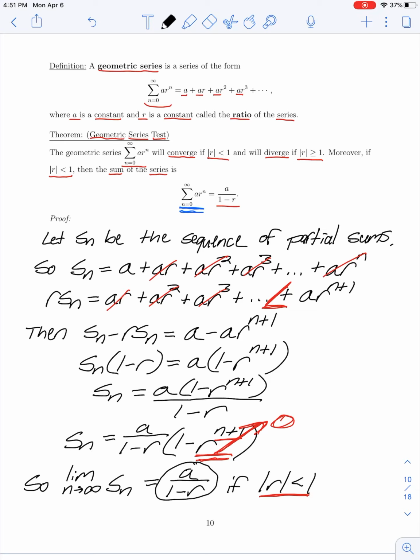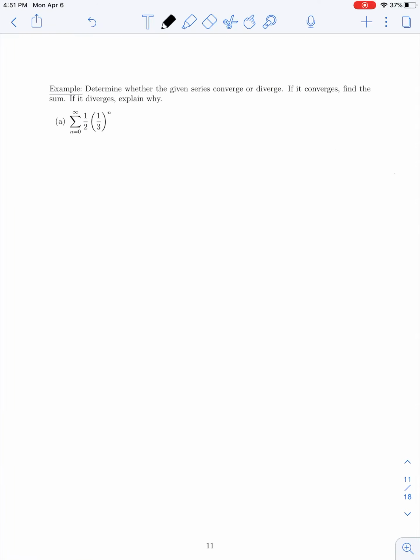All right. So let's look at some examples determining the convergence or divergence of a geometric series. In this next example, we are given some series. We're asked to determine whether it converges or diverges, and if it converges, find its sum. In part A, we have the sum from n equals 0 to infinity of 1/2 times 1/3 to the nth power.